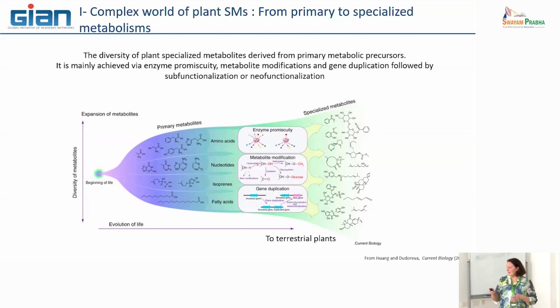And why? In fact, what is interesting is that, as I said to you, primary metabolites lead in particular to amino acids that are taken in charge by specific enzymes to be transformed into specialized metabolites. But what happens during evolution is that one enzyme is normally known to recognize one substrate, to catalyze one reaction in order to give one product. This is what you have studied in class.